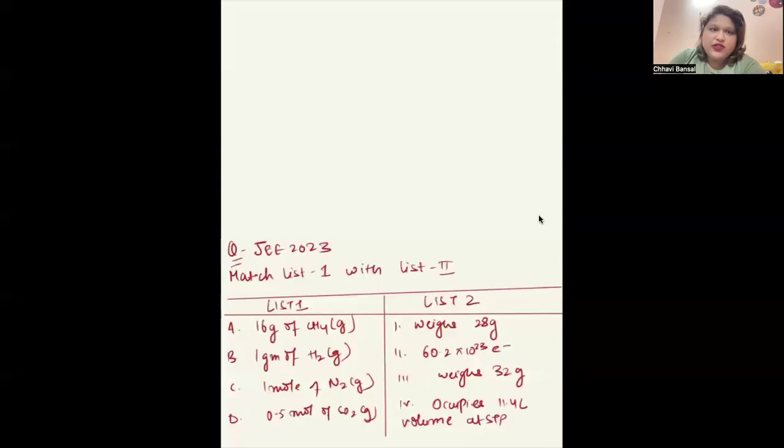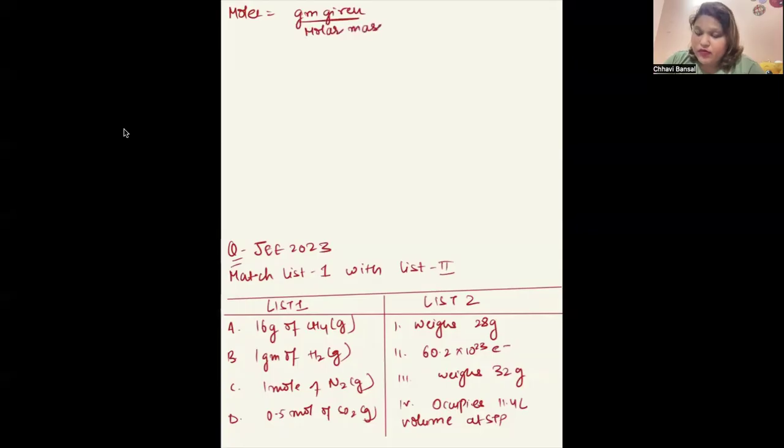Hope you guys are able to see my screen, right? So basically, whatever we have studied so far, we have found out there are three ways of finding the number of moles. So number of moles can be equal to gram given by molar mass. This is one way of finding out.